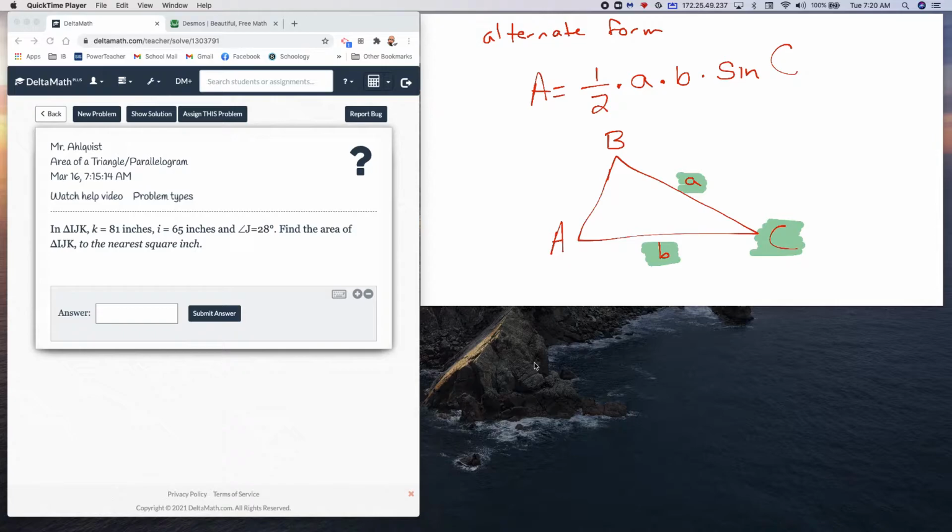So this form works when you have two sides and the included angle, the two sides that make up the angle. So if you have it in this form, you can use it.